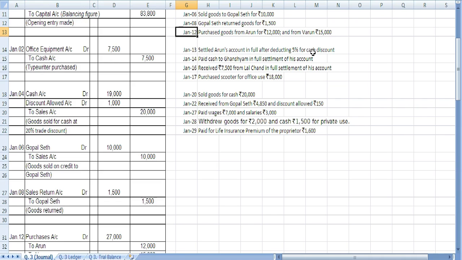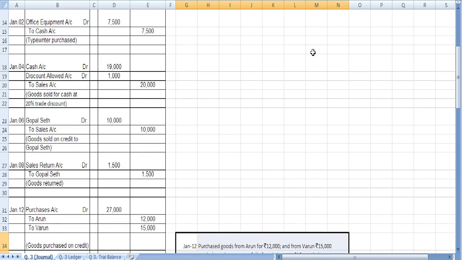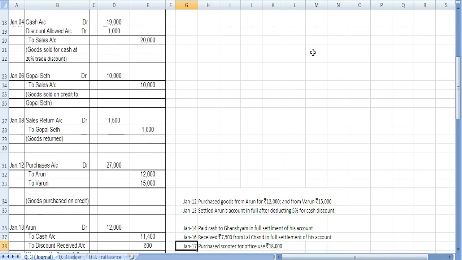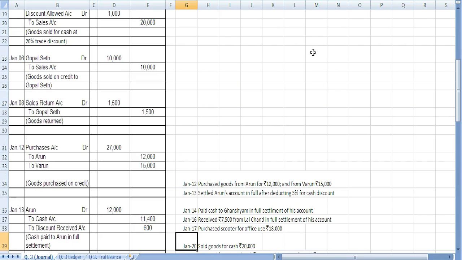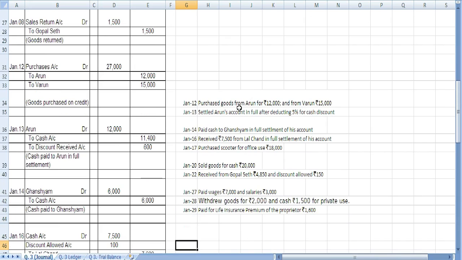Let me bring this down so it will be easy for us to see. So here we have purchased goods from Arun 12,000 and from Varun 15,000.